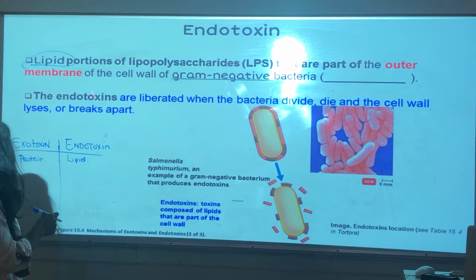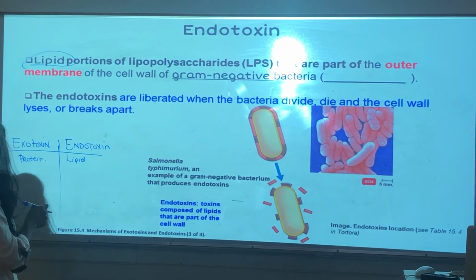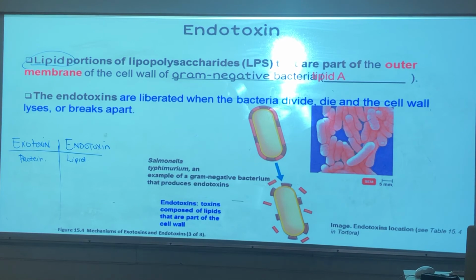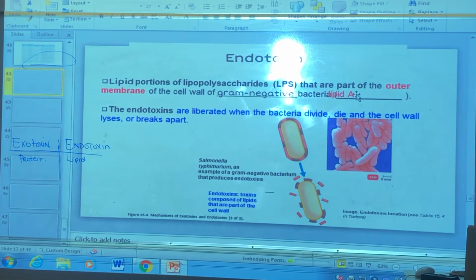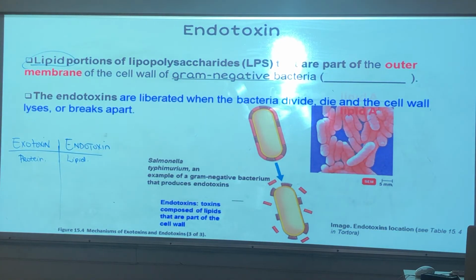The endotoxins are in the LPS layer, the lipopolysaccharide layer, of the gram-negative bacterial cell, and oftentimes we call this lipid A. Lipid A is found in the outer membrane, so we're talking about part of the cell wall.